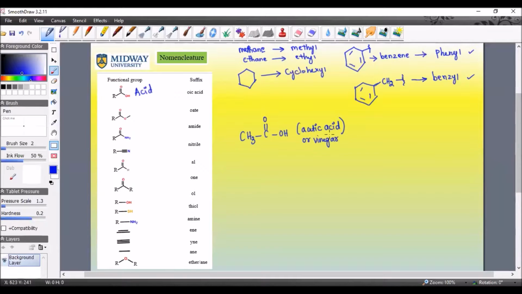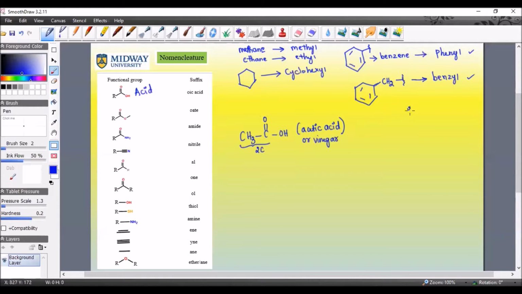The acid group is just the C double bond O, OH, which is a functional group. Now when we added the CH3, we have a total of 2 carbons, right? You see 2 carbons.